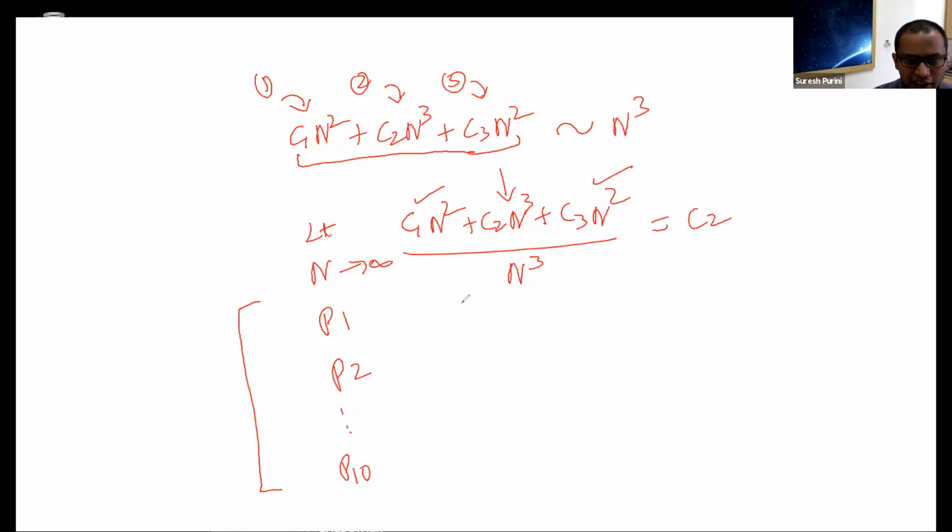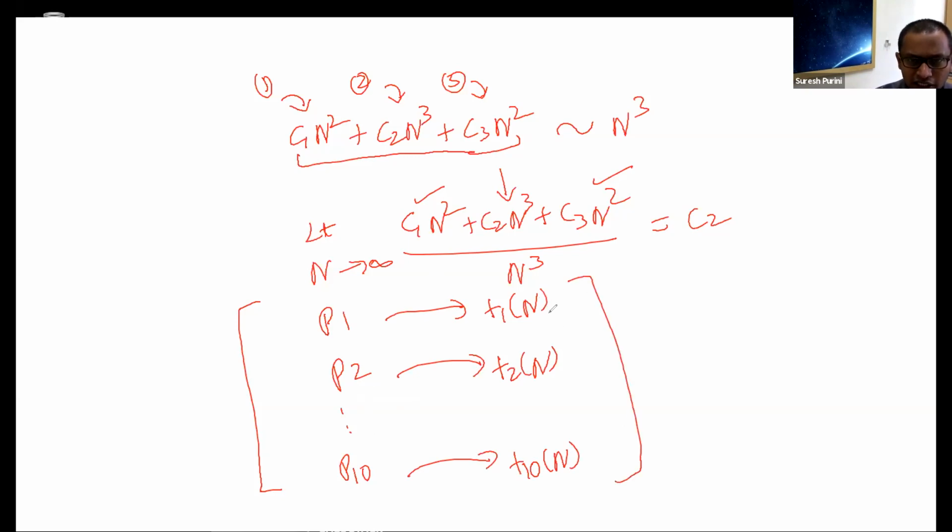Let's say P1 takes F1 of n time, P2 takes F2 of n time, and P10 takes F10 of n time. So the total amount of work done is F1 of n plus F2 of n, and so on. This is how we can sum up all these functions.